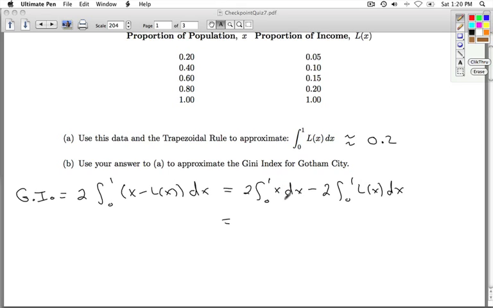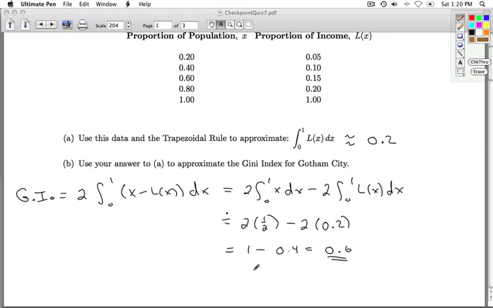No matter how you slice it, this is 1/2. The integral from 0 to 1 of L of x dx we only have an approximation to. So this is really an approximation of that. And so we get 1 minus 0.4, which is 0.6.